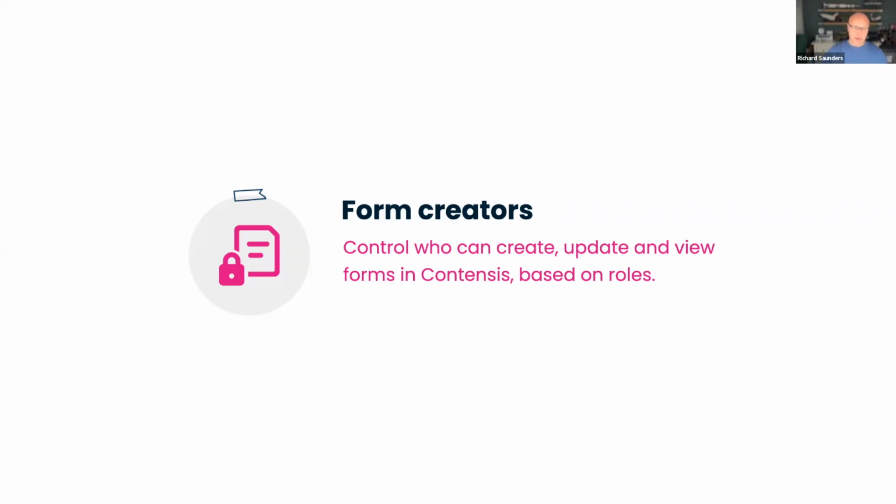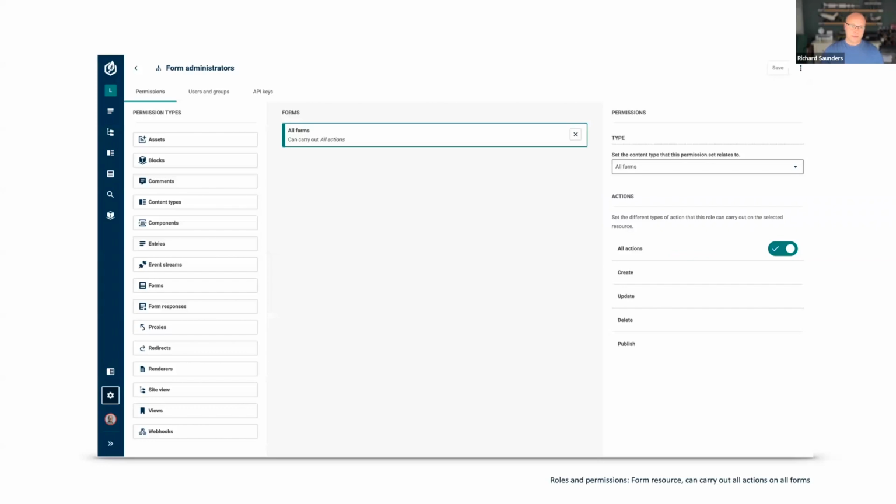So now you can define form administrators, or administrators for one or two forms, from the roles builder. So you can add the forms permission type, you can say whether it's all forms or a selection of individual forms, and then set the actions that can apply to that. So you've got full granular control of who can create, update, and delete these forms in the CMS, and they'll only see the ones that they have permission to.